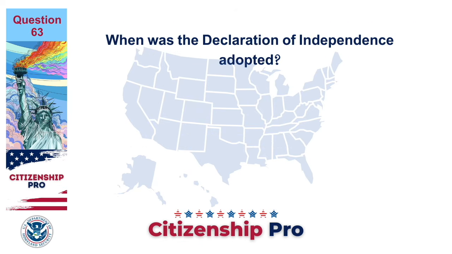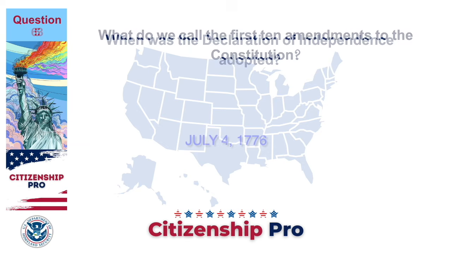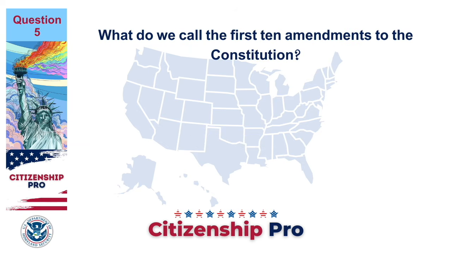When was the Declaration of Independence adopted? July 4, 1776. What do we call the first 10 amendments to the Constitution?